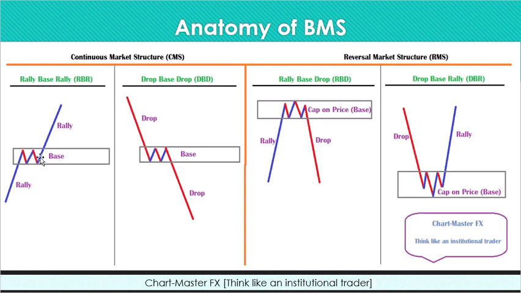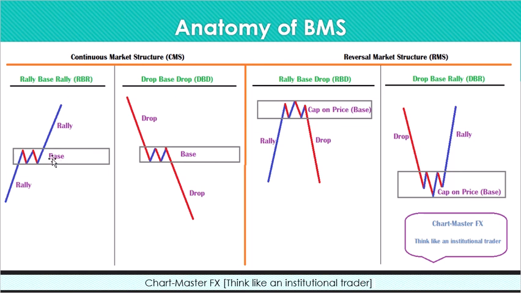It started to do some form of consolidation. This is a sign that the price is showing indecision, so you don't know what is going to happen here, whether the institutional traders are going to put the price to the upside or to the downside.